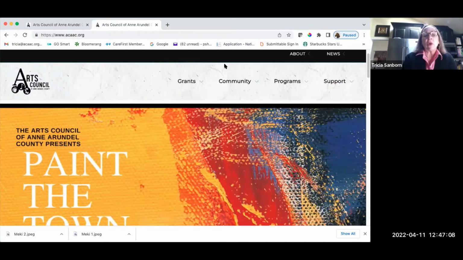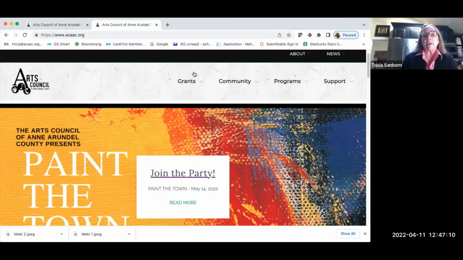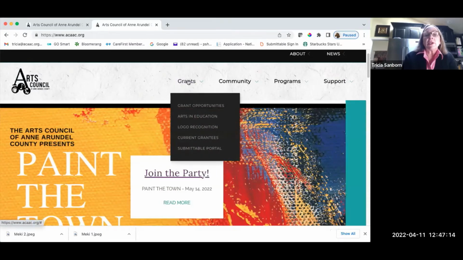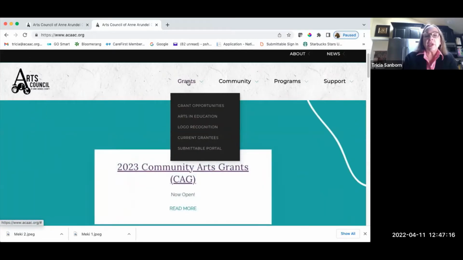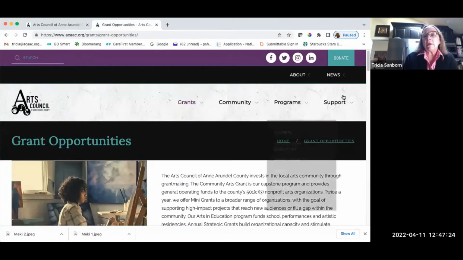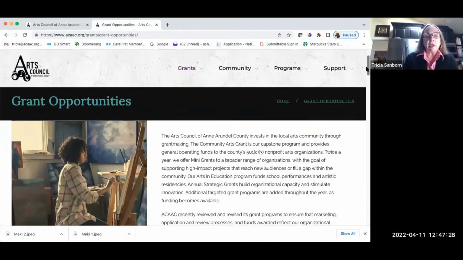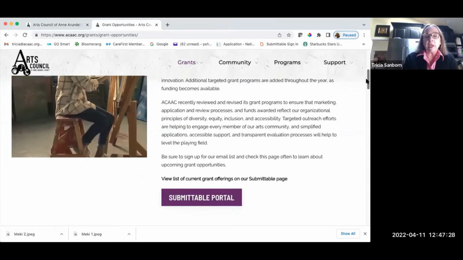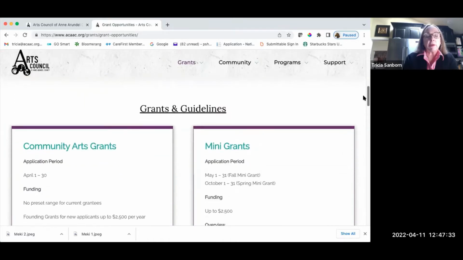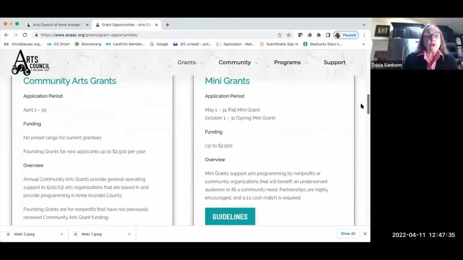When you're looking at our website, there you go, there's the gala. There's our paint the town party. So grants is one of the major tabs up at top. You can either go directly to the Submittable portal, or you can go to grant opportunities. Here on grant opportunities, you'll have an overview of grants, again a general link to the Submittable portal, and then each of the grants.